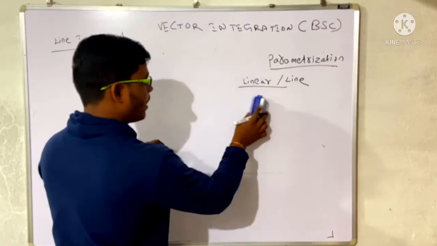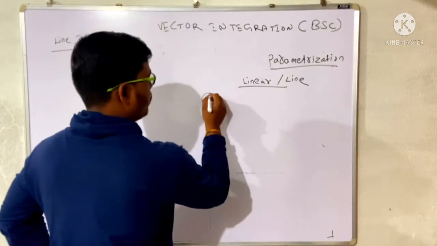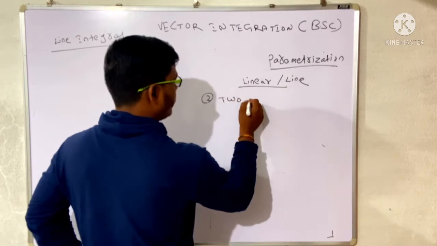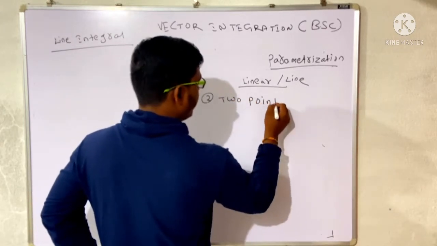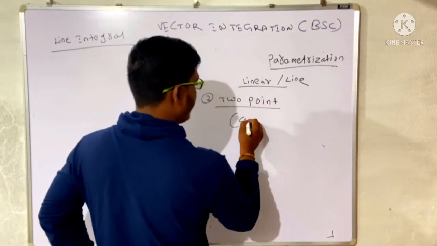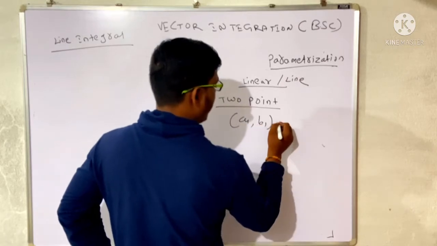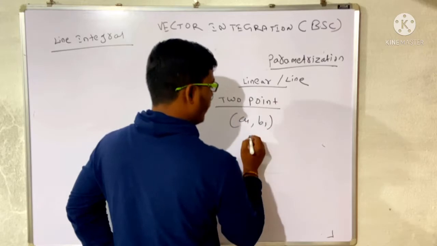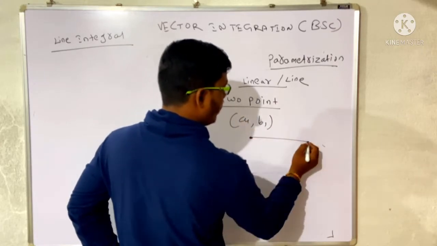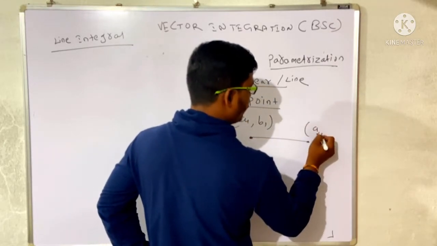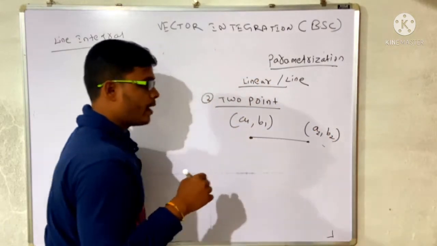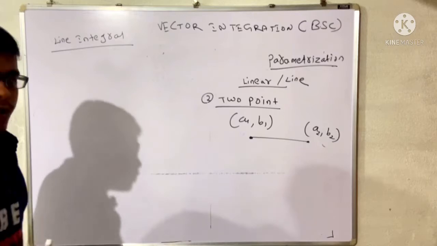Another parameterization is the 2 point parameterization. One point is A1 B1 and another point is A2 B2. Then how will you parameterize this path? This is also a linear path.